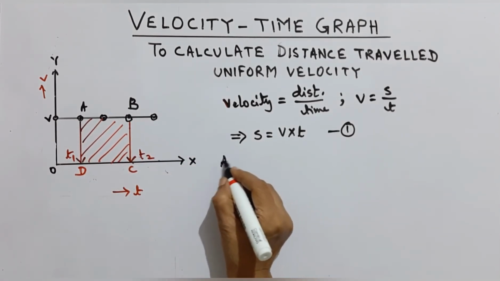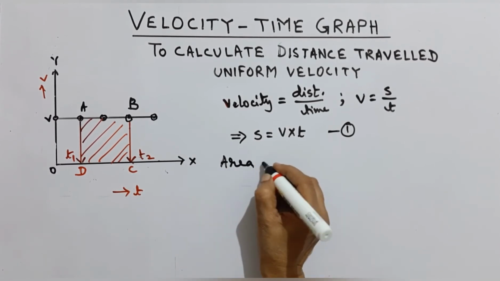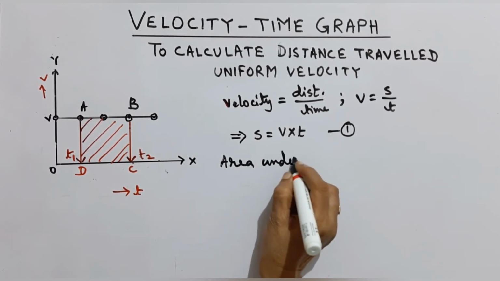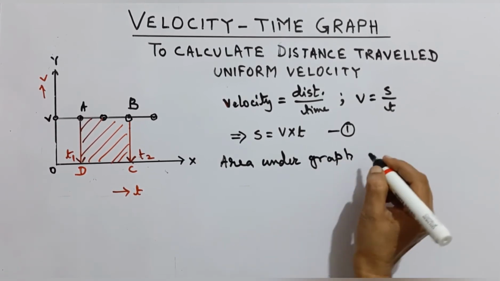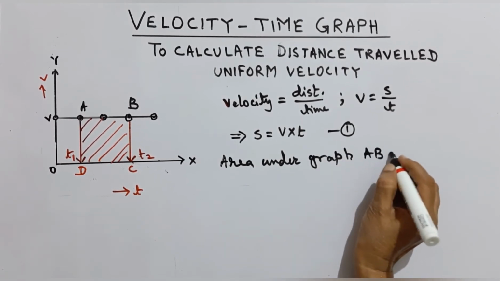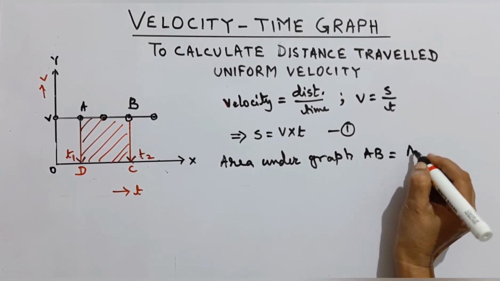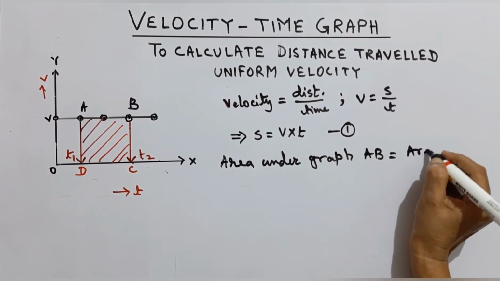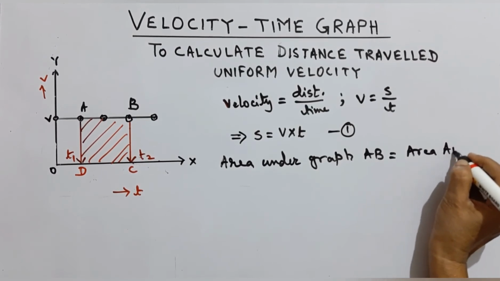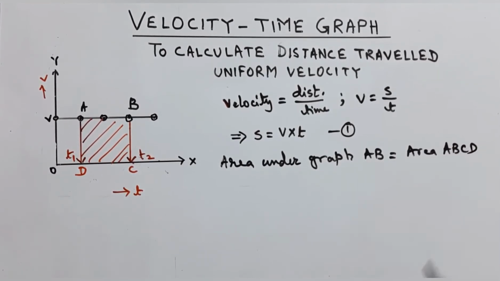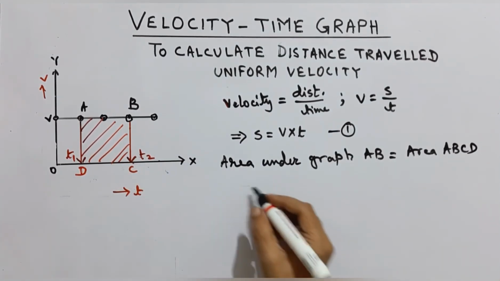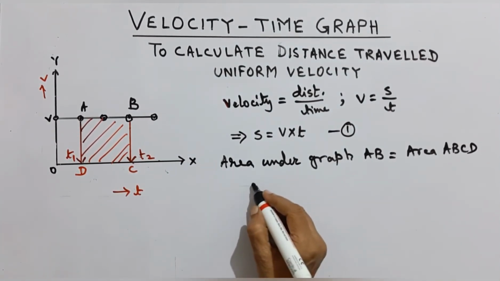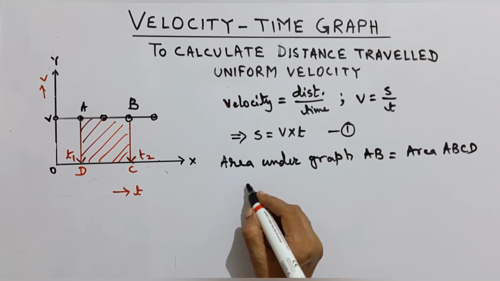So area under graph AB is equal to area of the rectangle ABCD, and we know that the area of a rectangle is equal to length into breadth.